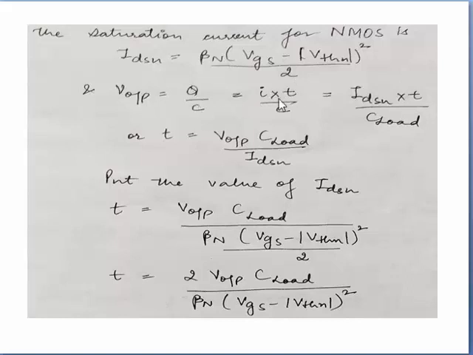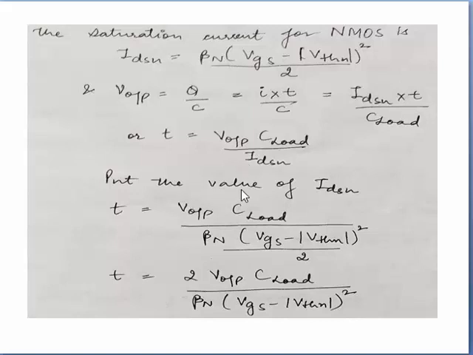So Q by C is equal to I into T by C, and I here is IDSN, into T divided by C load, or T is equal to V output into C load divided by IDSN.